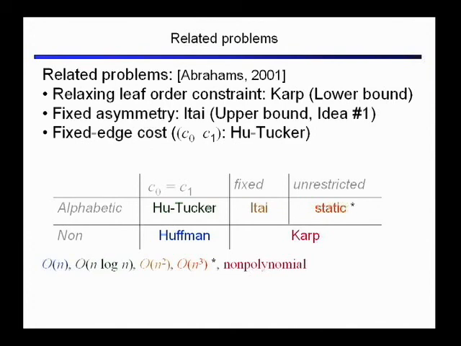And other problems are related to this current static prediction problem according to this grid. If the costs are the same, then the static problem becomes what's called the Hu-Tucker problem, and the CART problem becomes the Huffman problem. Now, I mentioned Huffman coding before. It's the same problem, but before I was talking about, well, this is a good way to implement Huffman coding.